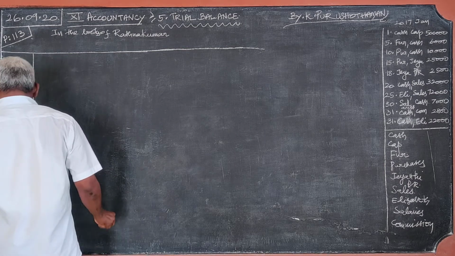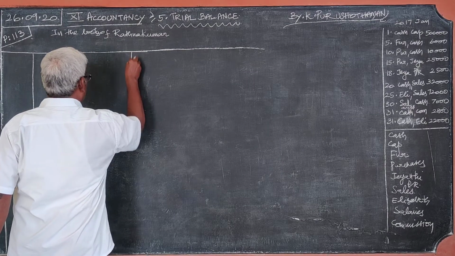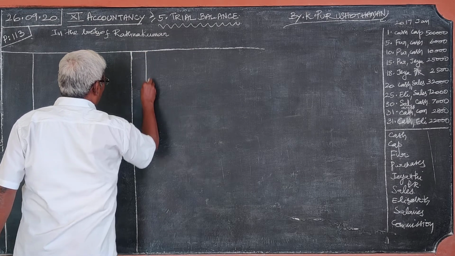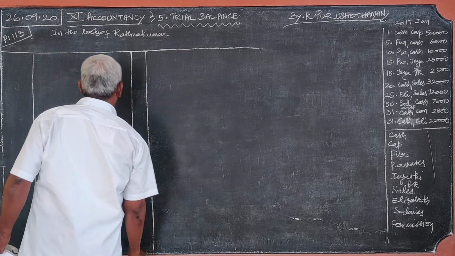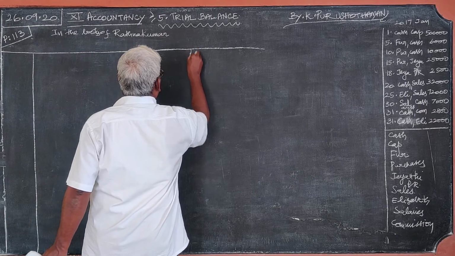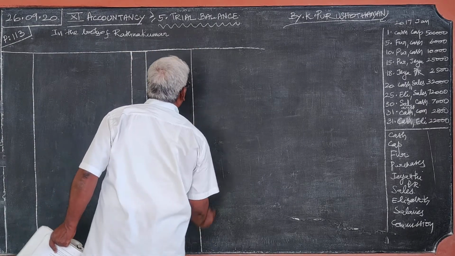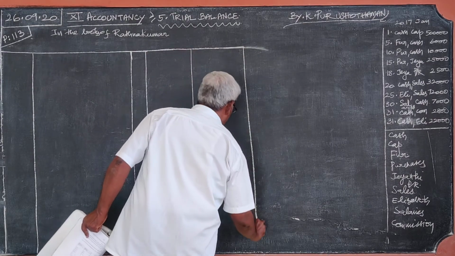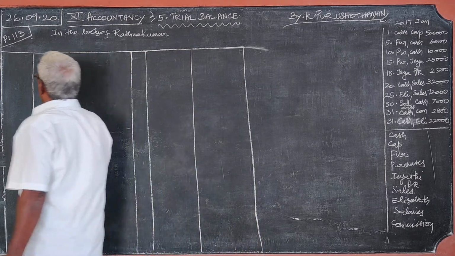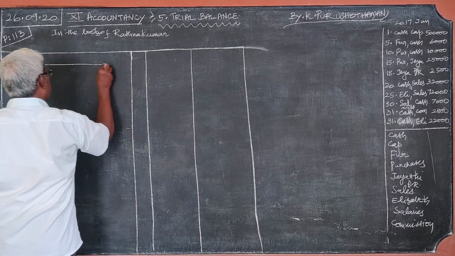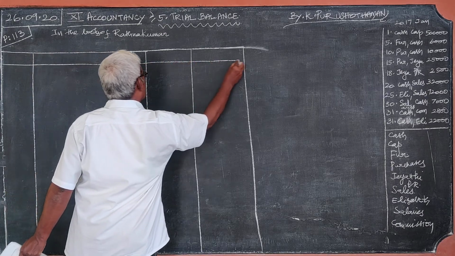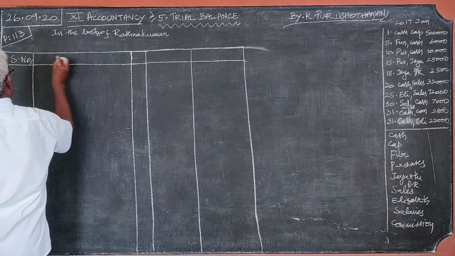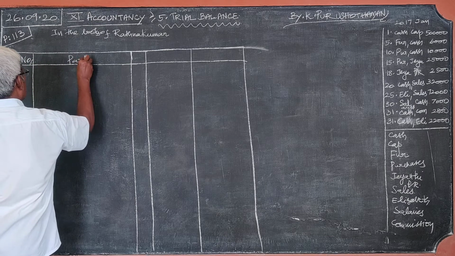Serial number, particulars, ledger folio, debit balance, credit balance, date. This is serial number, particulars.